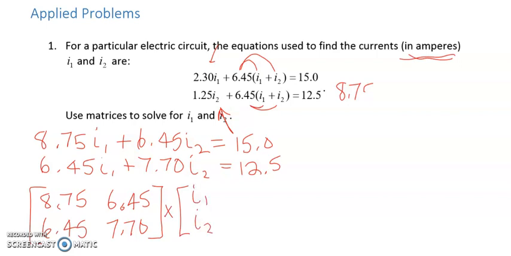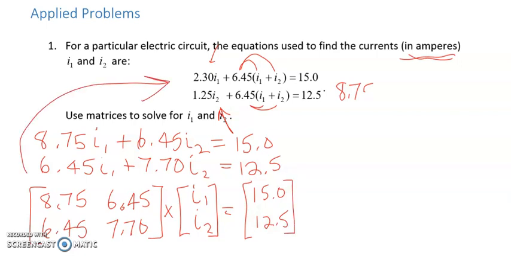Remember that when your calculator gives you back the answer, I1 is first, the top number, like your x being first. And now you have 15.0 and 12.5. So there's the matrix equation you're going to use to solve that system. That part I would like to see on a test or on a quiz.